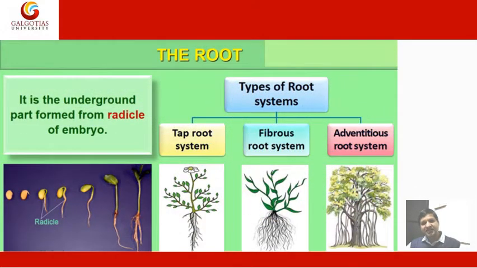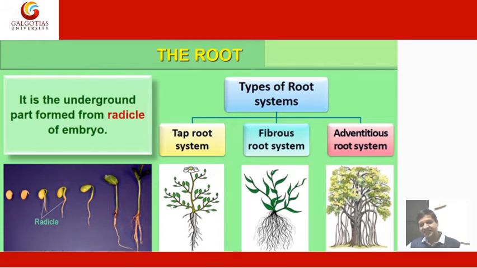The root is the underground part formed by the radicle. If you see the image, I have marked or tagged the radicle there. So it is the underground part formed by the radicle of the embryo. Types of root system: we have three types of root system.